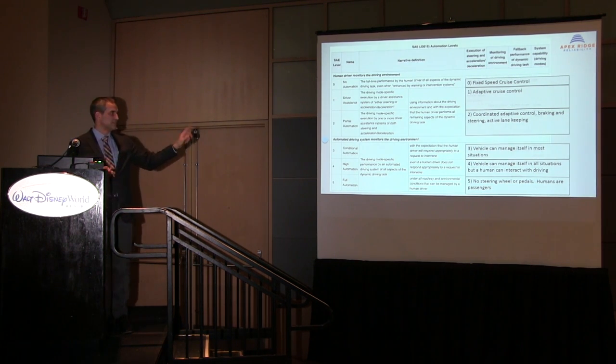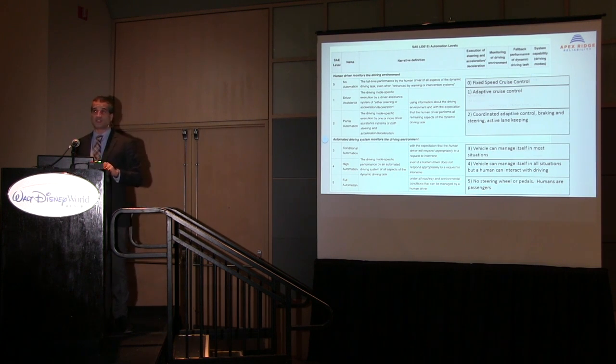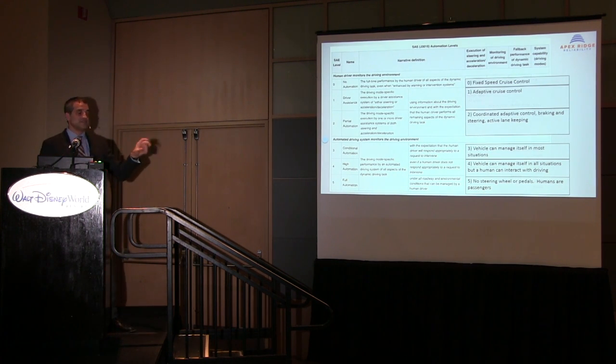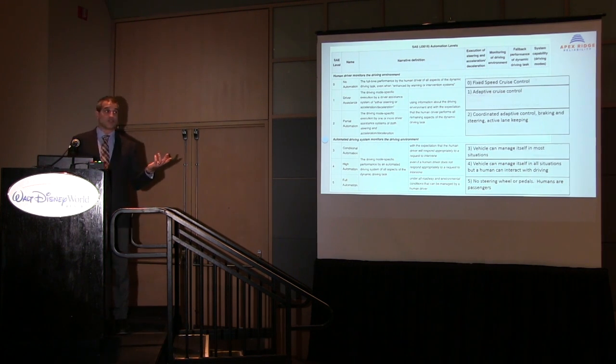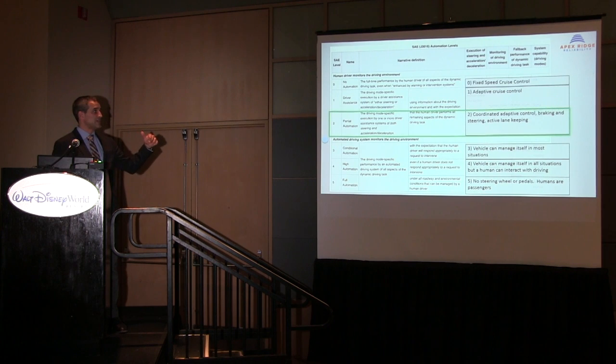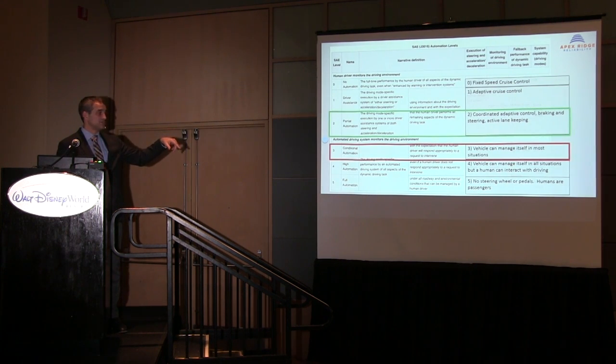True automated driving is levels 3, 4, and 5, and this is what we're just starting to see now. 3, conditional, is like the Teslas, where a vehicle can manage itself in most situations. The driver still has to be able to be a part of it if the automated system wants to hand it over. 4 is high automation, where the vehicle can effectively handle itself in all situations, but there are still driver controls if needed. 5 is a car with no steering wheel or controls. So all the manufacturers right now are trying to make that big jump.